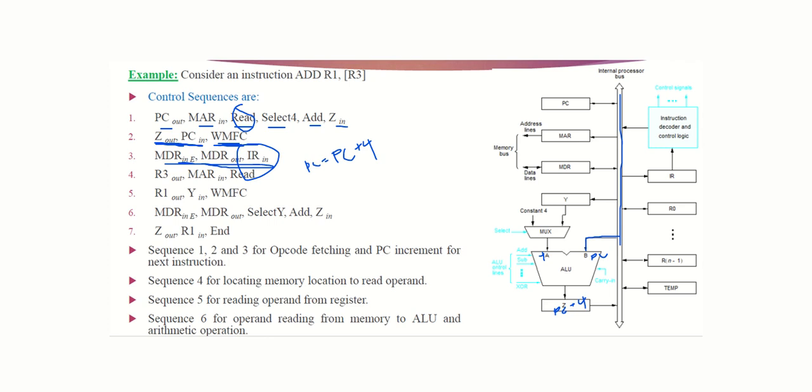So we have to say IR in. As simple as that, right? With these few steps, we've transferred the instruction we needed from the program counter into the instruction register. Once it gets into the instruction register, it is to be decoded and the correct signals given so that the instruction can continue.